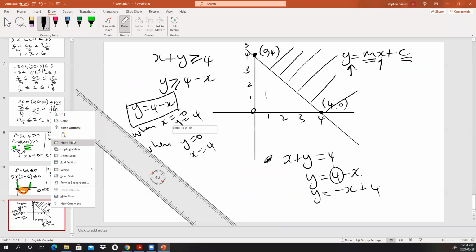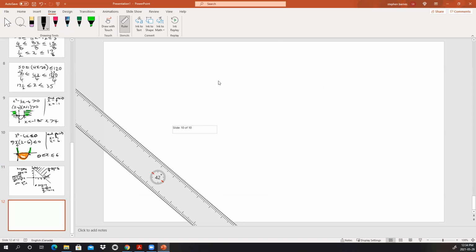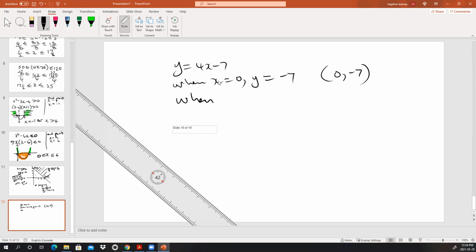So get that point. When y is equal to 0, we'll solve for this. So my strategy would be, I think this is the equation. When x is equal to 0, y is equal to minus 7, so we'll have that coordinate. And the other one is, when y is equal to 0, x is equal to what? You can solve.